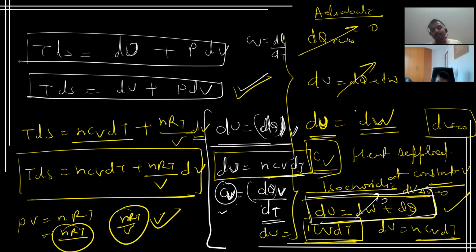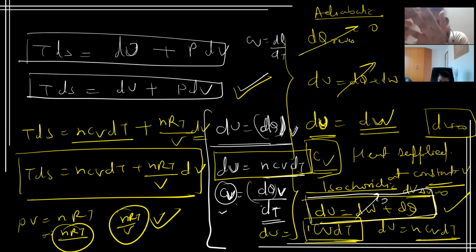So why did I do this kind of thing? Actually, I want this whole equation in terms of temperature dT or dV, because here we have a volume element V and dV, and here we have a temperature element T and dT. So we can integrate, because we want to get the formula of entropy, so we have to integrate the dS term.